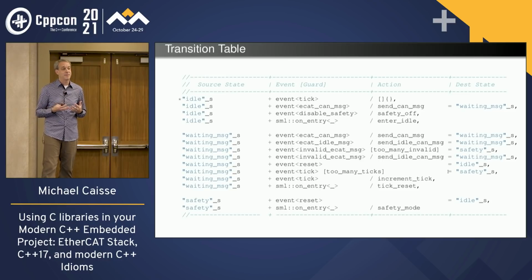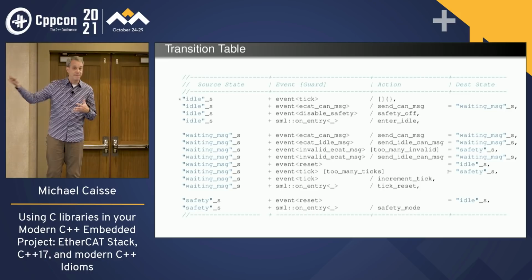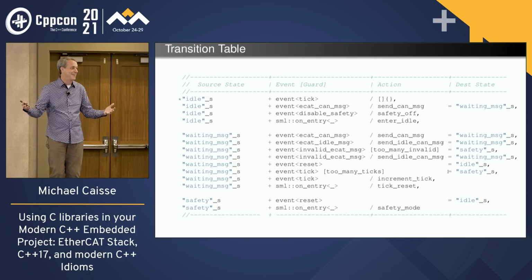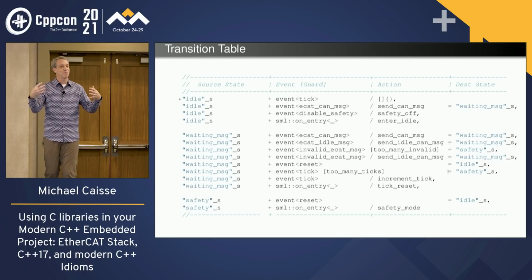Am I sitting in a particular state and I didn't handle an event that might come in at any particular time? I did nothing with it. It would be nice to at least defer it and maybe handle it later. It allows me to reason about the state of my program in such a way that I can almost prove that at least the flow of it is proper. It's going to do the right thing.